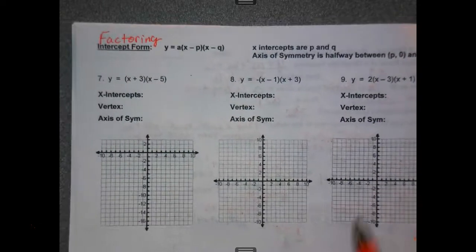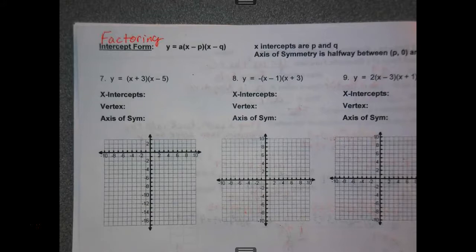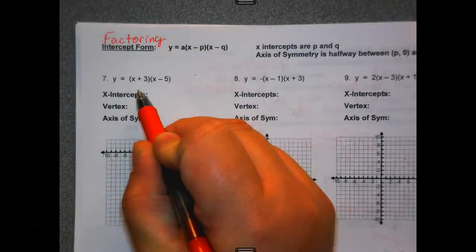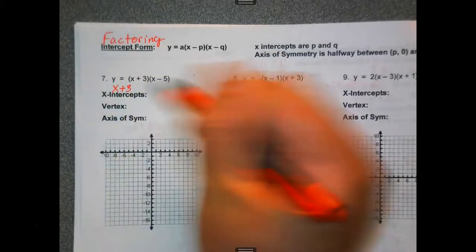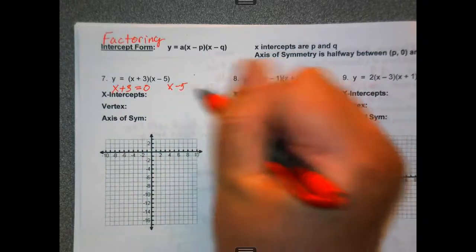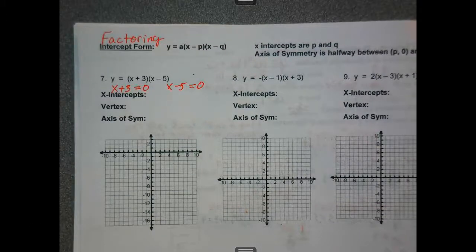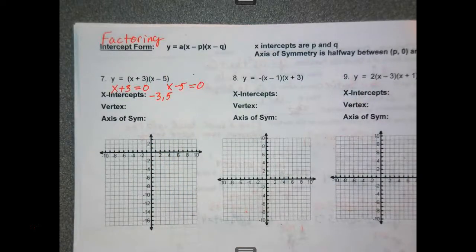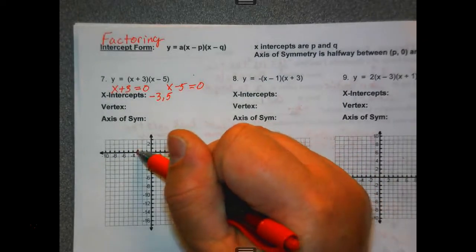Now, anybody remember how we find the x-intercepts? You take each quantity, x plus 3, and you set it equal to 0. Take x minus 5, set it equal to 0. So what are my x-intercepts? Negative 3 and 5.